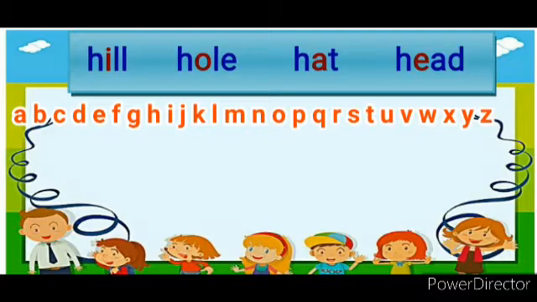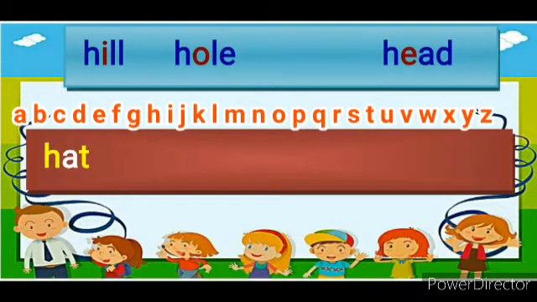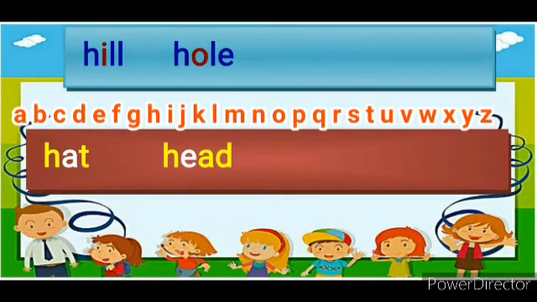Do we have the second letter starting with A? Yes, hat. So the first word in our list will be hat. Do we have the second letter starting with B, C, D? No, but we do have the second letter starting with E, head. So the second word in our list will be head.